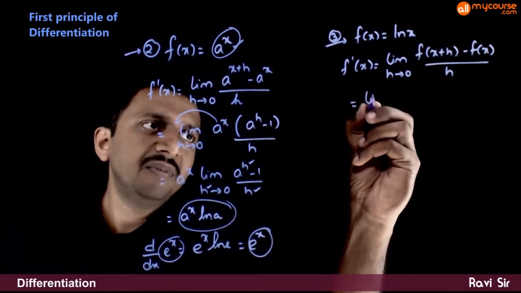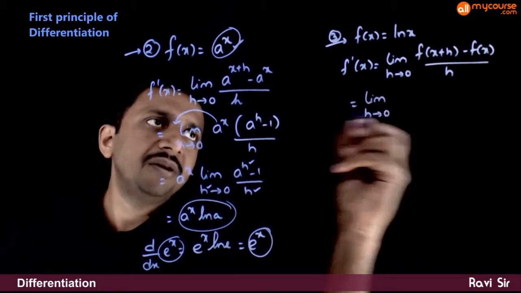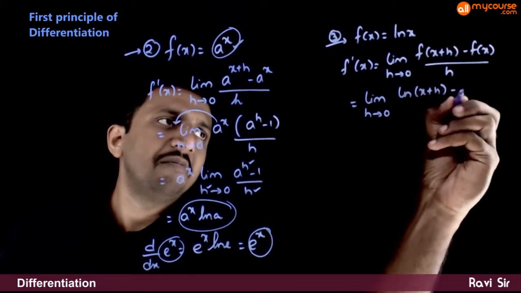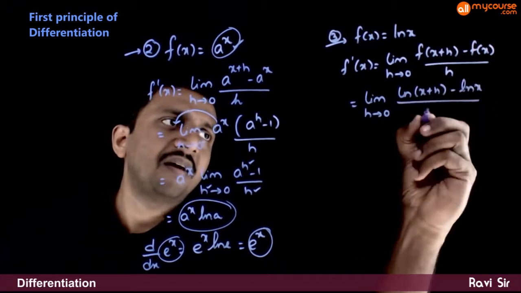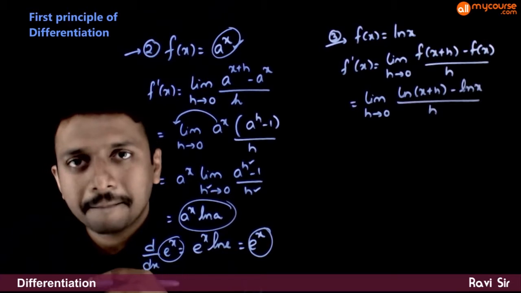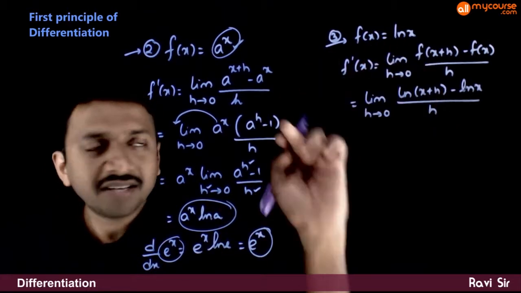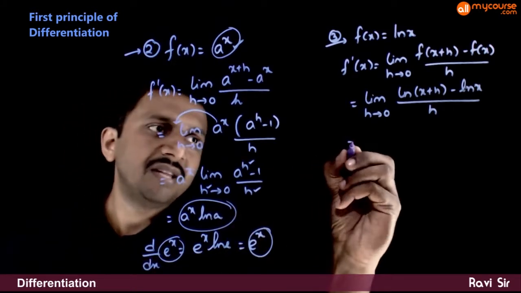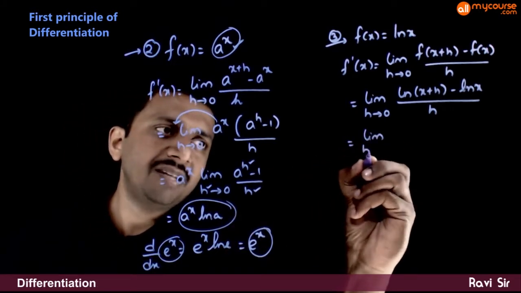That is equal to the limit as h tends to 0 of (ln(x+h) minus ln x) by h, since f(x) is ln x, so f(x+h) is ln(x+h).